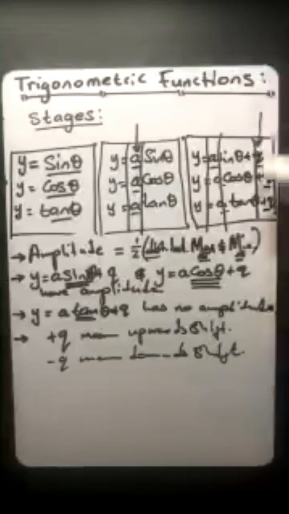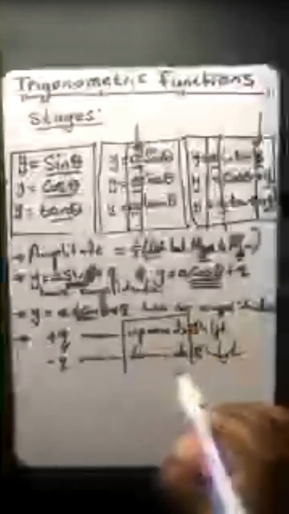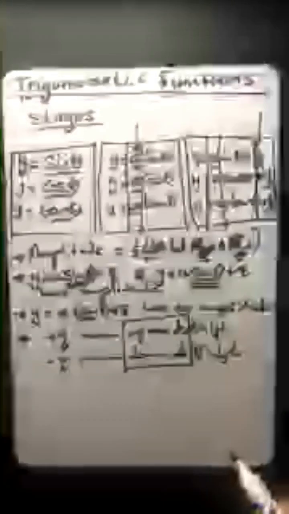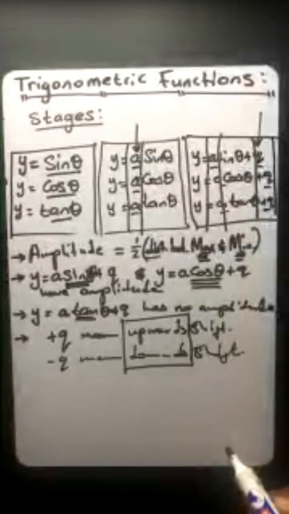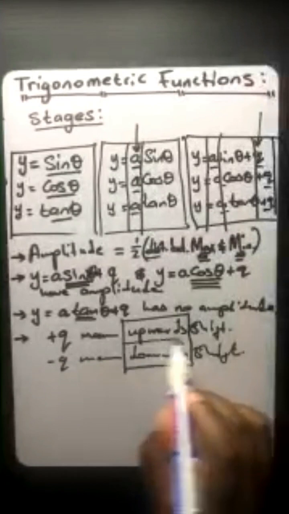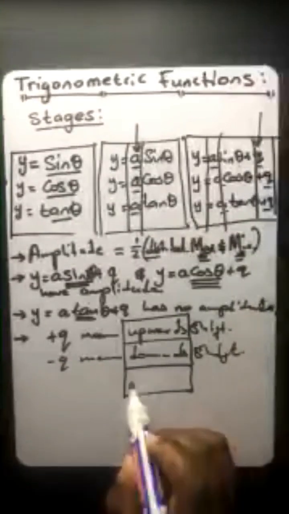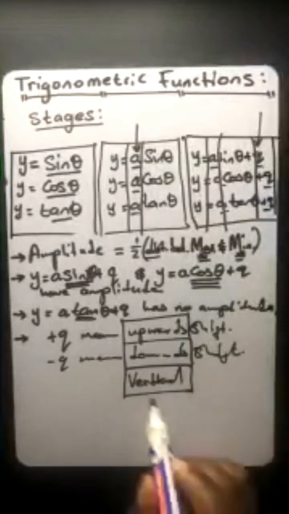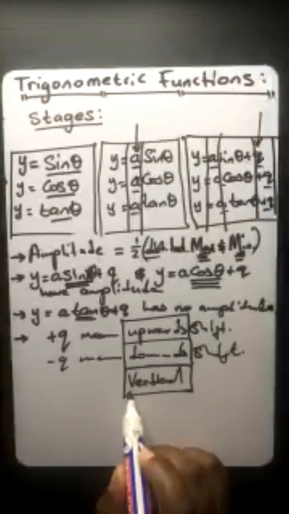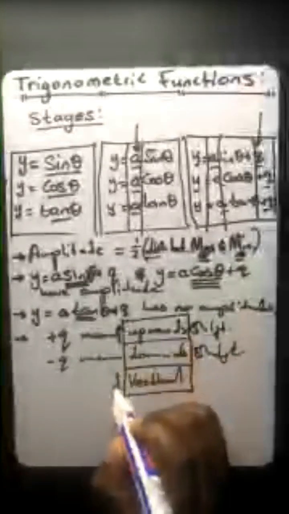And this Q value talks about the up and down shift. What is the single word that includes the upward and the downward shift? That's what we call the vertical shift. So when we say a function shifts vertically, it means it shifts either upwards or downwards.